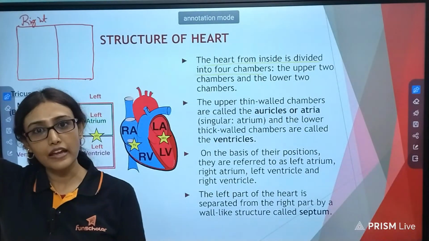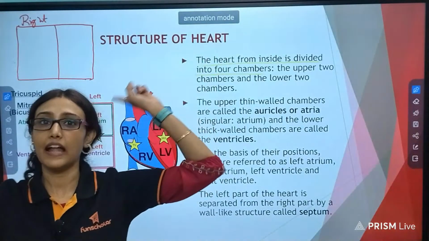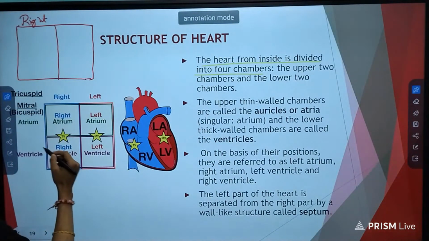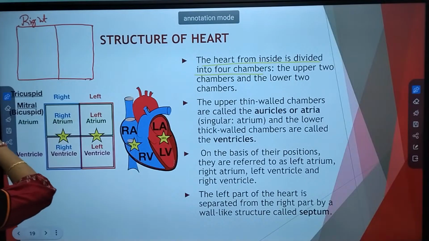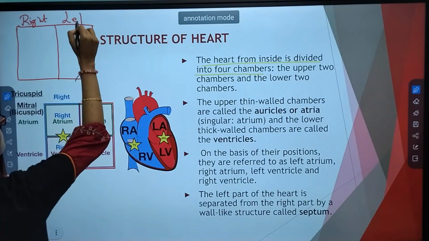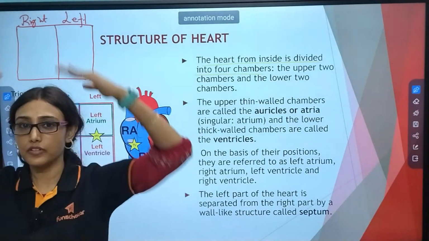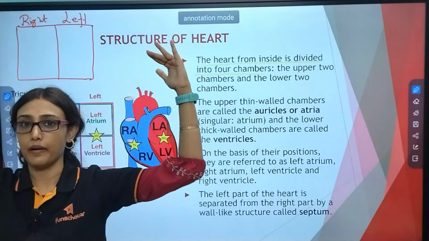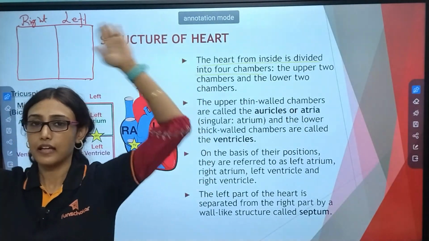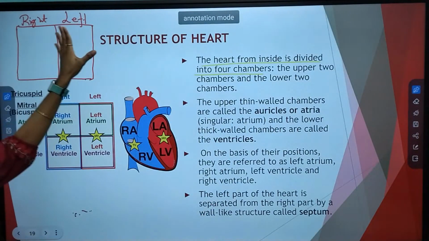And this side is left. That is why we are writing right on the left side and left on the right side. So don't get confused. Compare me with the words written above. Right is written in the right, left is written in the left.